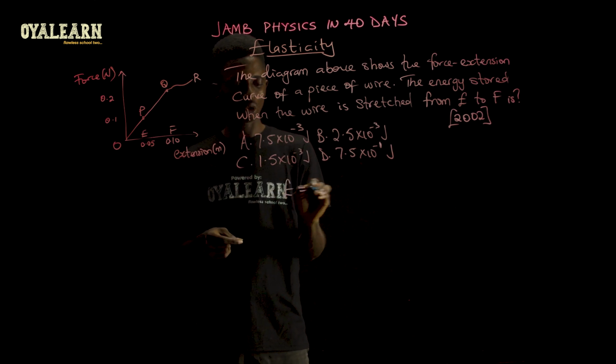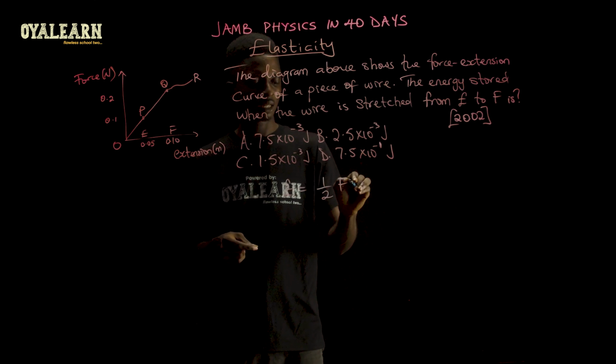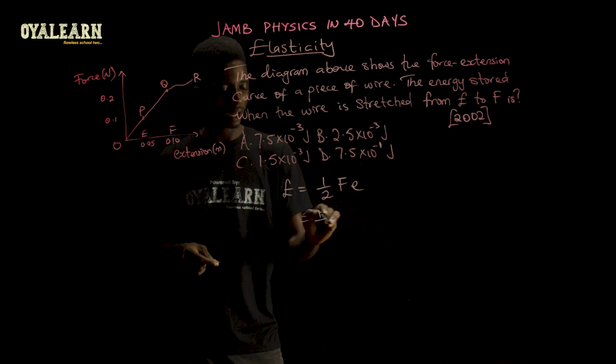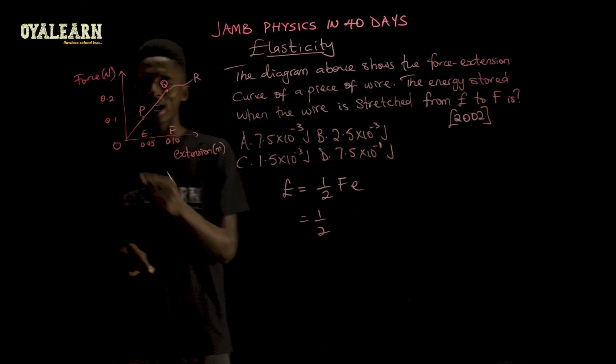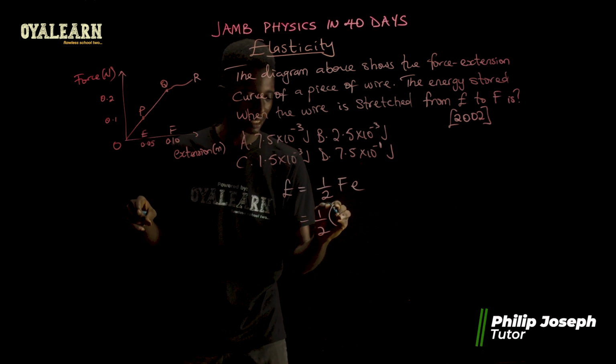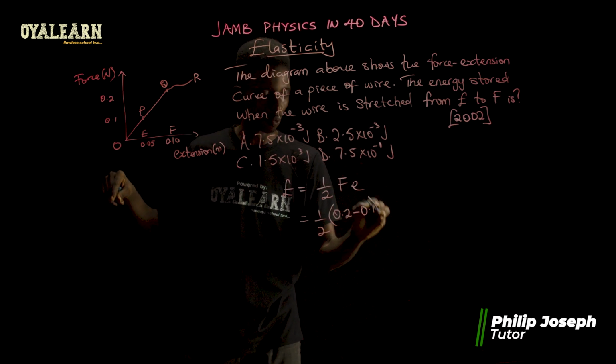So the energy stored would therefore be half force multiplied by extension. Now, this will be 1 over 2. The force applied will be the difference between these 2 points here. So we put that here, 0.2 minus 0.1.